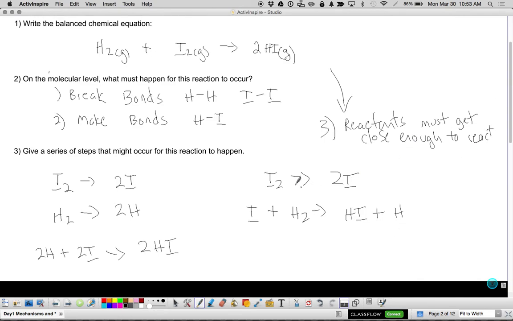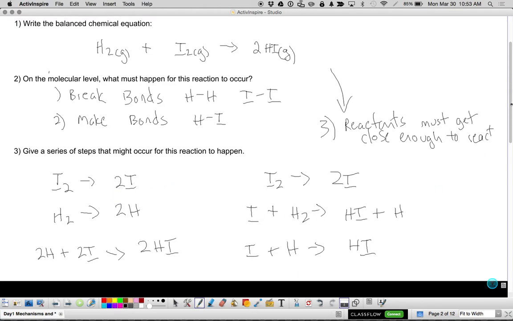Okay, and then I take my remaining iodine atom plus this hydrogen atom that I formed to make the other hydrogen iodide. Okay? Maybe one of these things happens. Who knows?